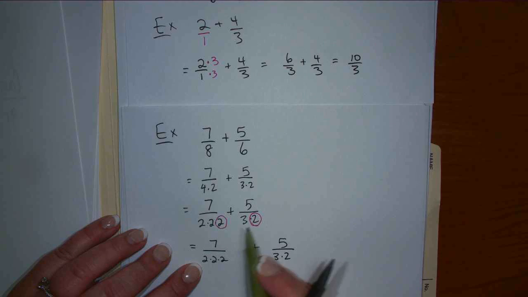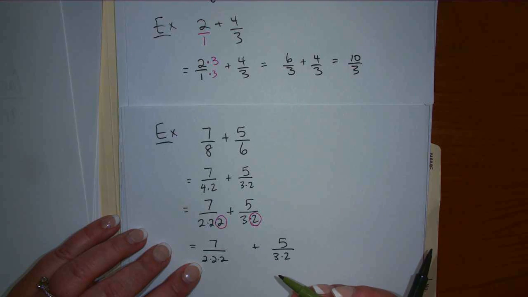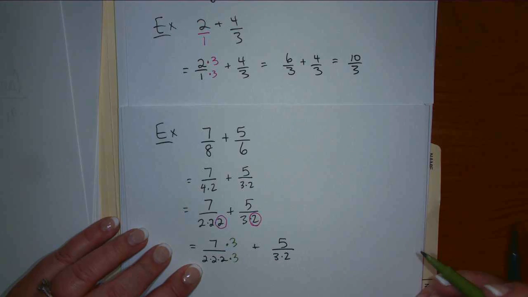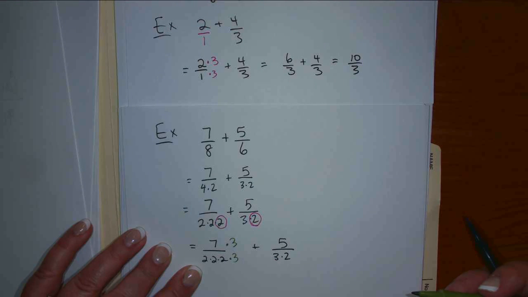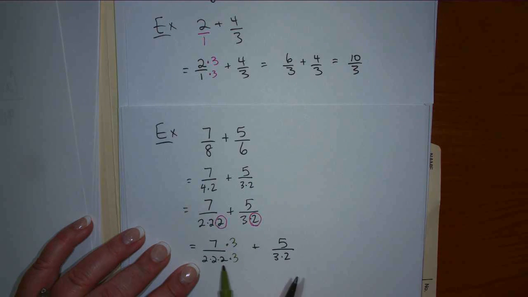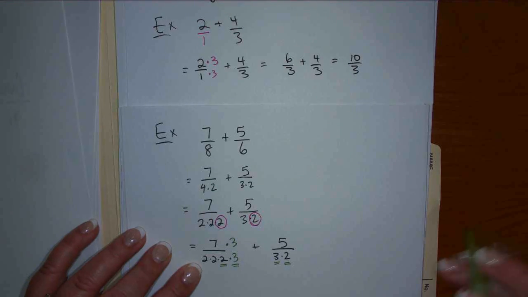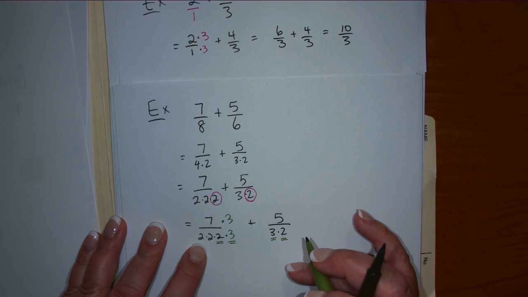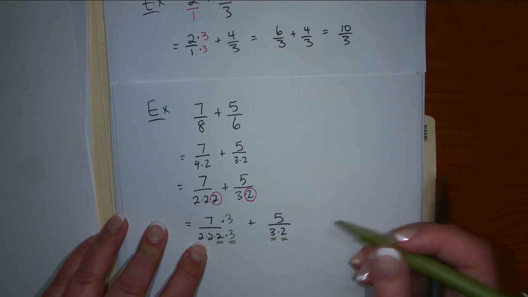What does this one have that the first doesn't? A 3. So we're going to add a 3 in. Okay? So now this first one has a 3 and a 2, which the second one has. Now what's missing from the second one that's in the first one? 2 more 2's, or a 4 if you want, but 2 more 2's.